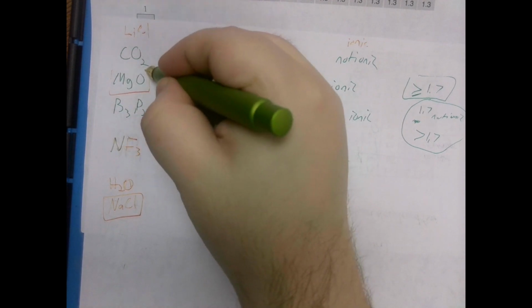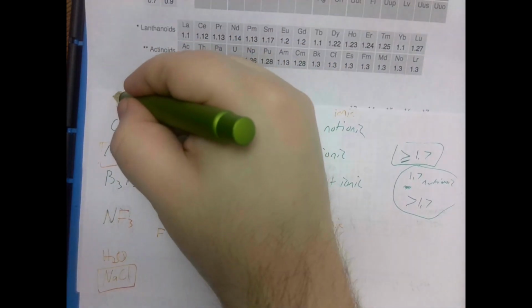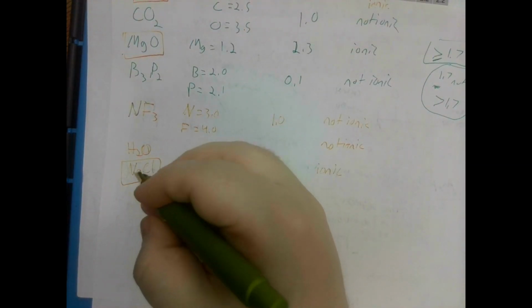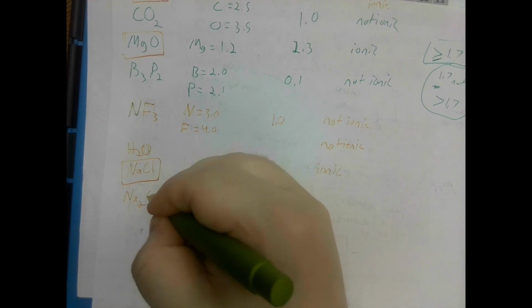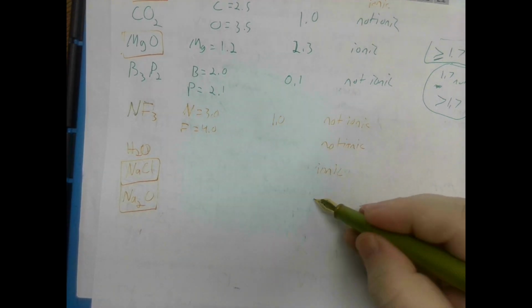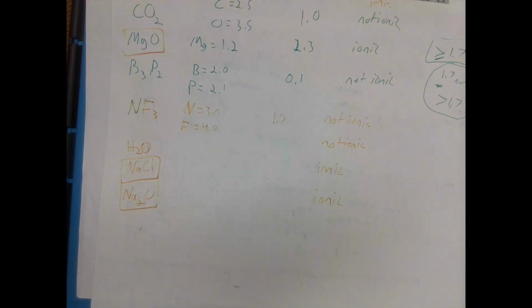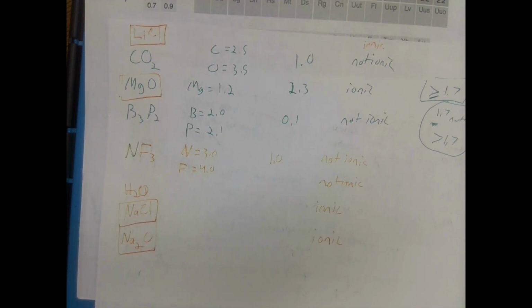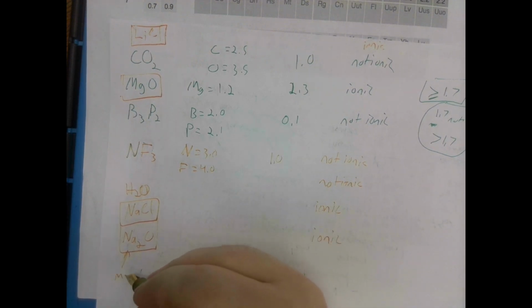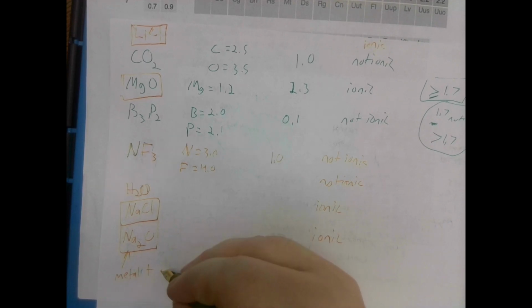This one is ionic. Let me do another one. Na2O, sodium oxide. That would be ionic. What do they all have in common? They're a metal with a non-metal.